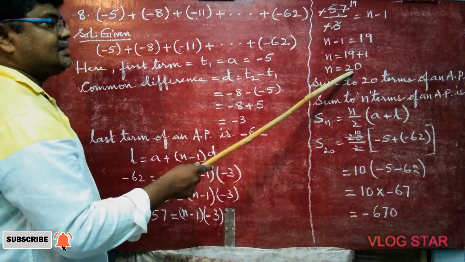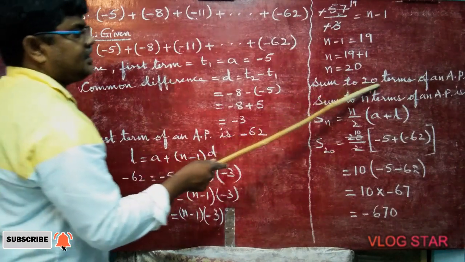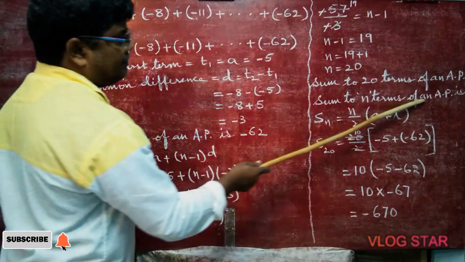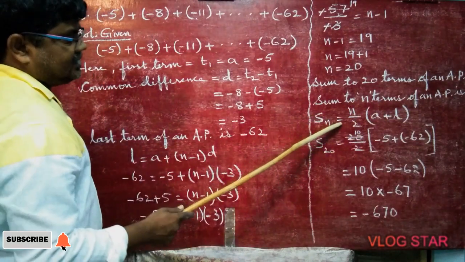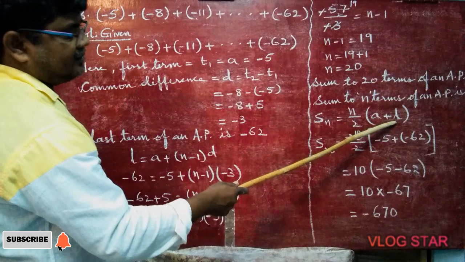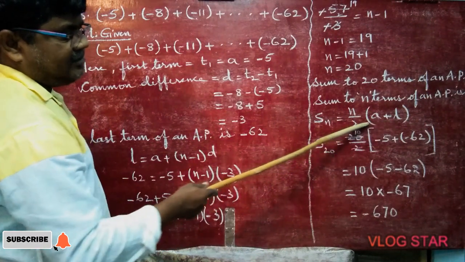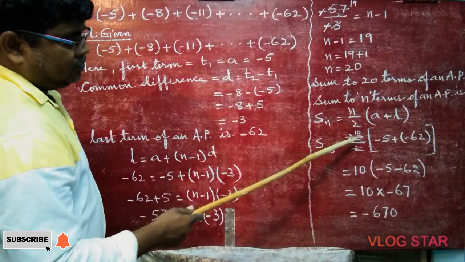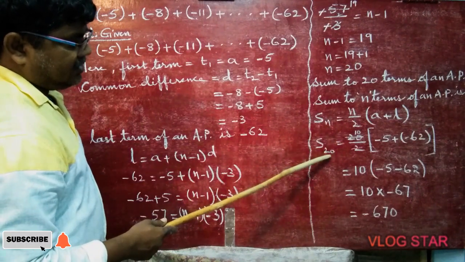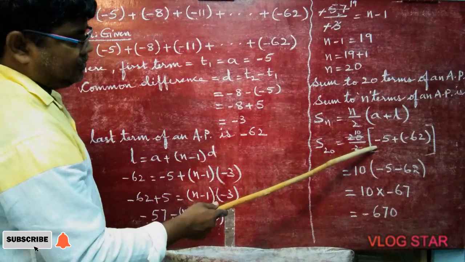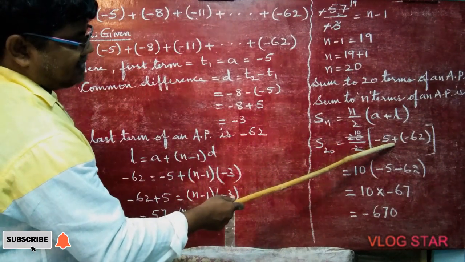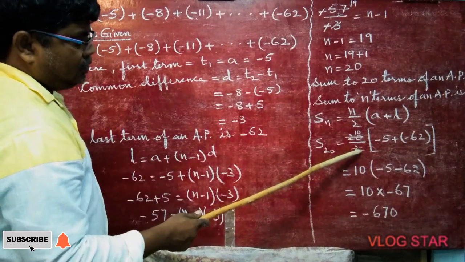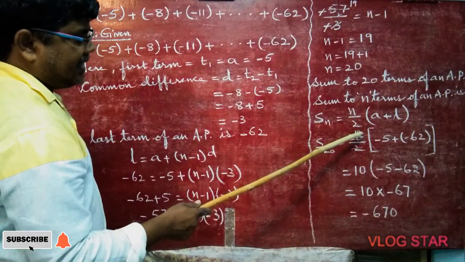Now they told us to find the sum. So the sum to 20 terms of an AP. We know the formula: sum to n terms of an AP, Sn, is equal to n by 2 into A plus L. When the first term and last term are given, we use this formula. So S20 is equal to, in the place of n, 20 terms. So 20 by 2 into A, minus 5, plus minus 62, because the last term is minus 62. 2 goes in 20 10 times.